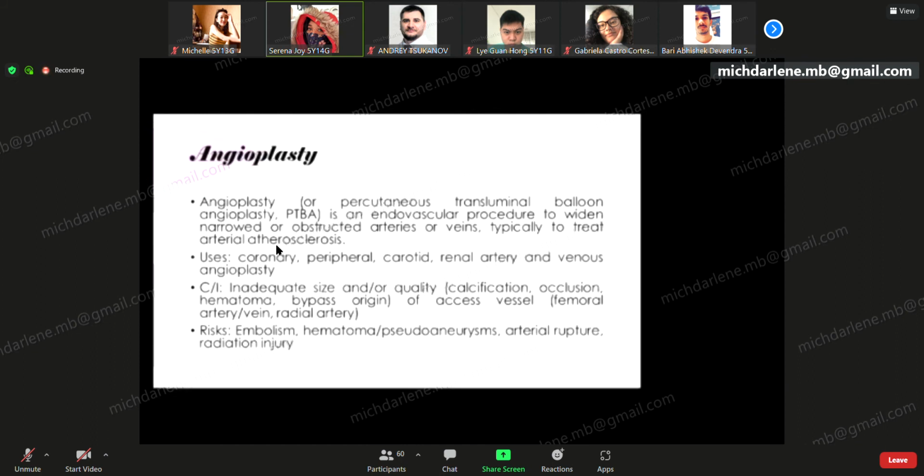It can be used in the coronary, peripheral, carotid, renal arteries, and for venous angioplasty. Limitations are inadequate size and or quality of access vessels. Risks are embolism, hematoma, pseudoaneurysm, arterial rupture, and injury.